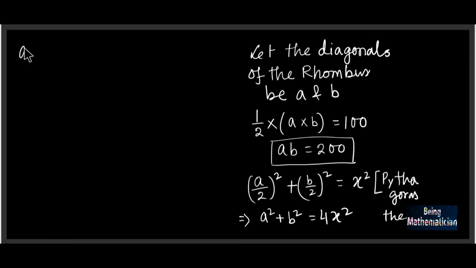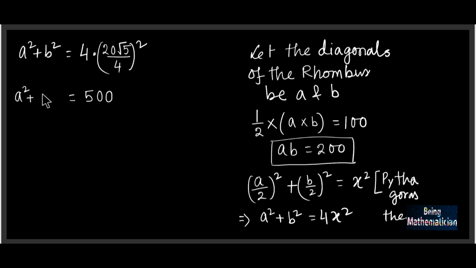Now A square plus B square equal to 4 (x square), where x is the perimeter by 4, and perimeter is given as 20 root 5, so (20 root 5 by 4) whole square, now it is 500. So A square plus B square is equal to 500.